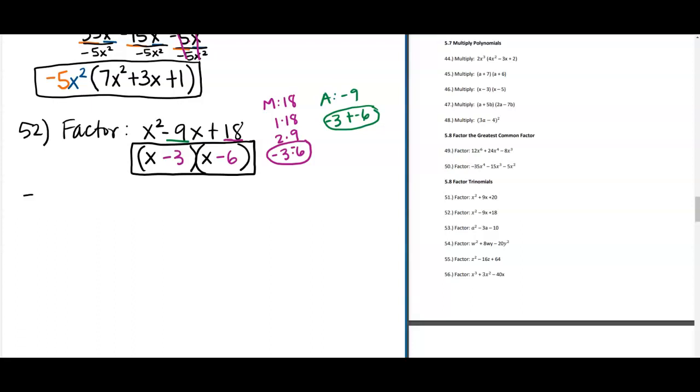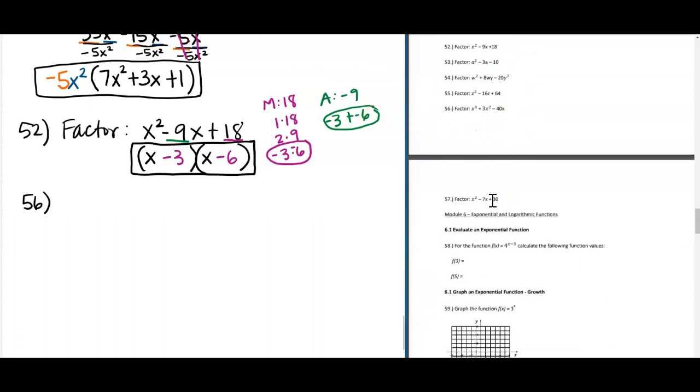All right, let's go to 56. I'm going to do just a couple more here so we can finish up this little review. On 56, again, we're going to be doing some factoring. When you have a trinomial, you do want to make sure that you're looking to see if there's any kind of a GCF, a greatest common factor, that you can divide out first.